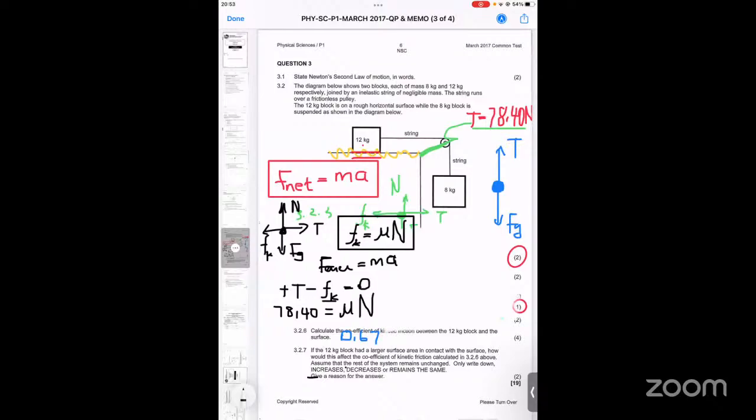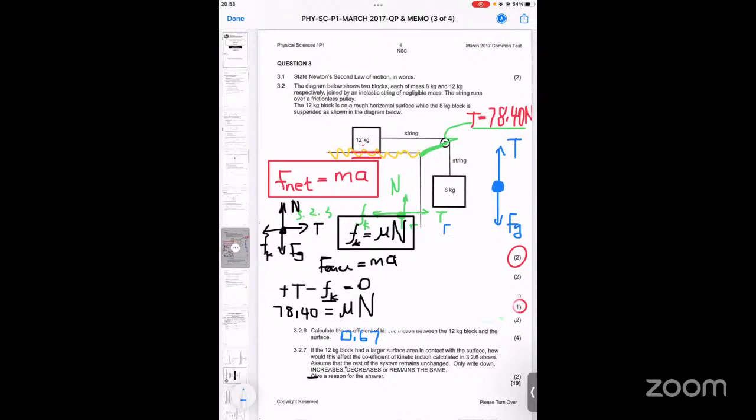Yes, sir. Where are you going to get your N? You get it by saying Fnet, because this object is not moving up and down, so that means the up and down forces are balanced. So this force that goes up, the normal force, balances with the Fg.